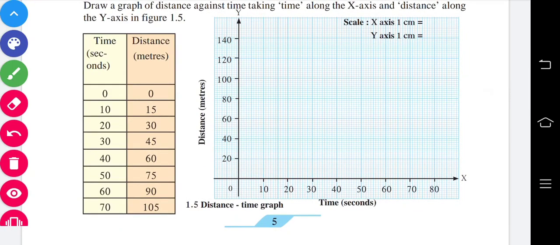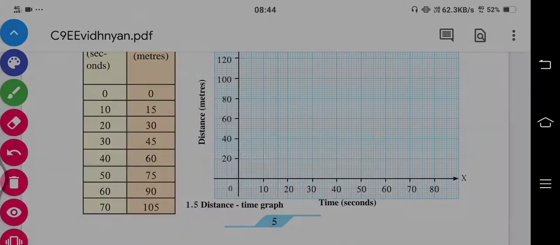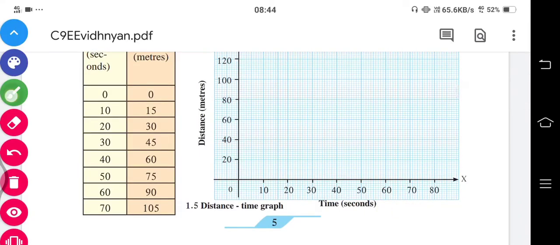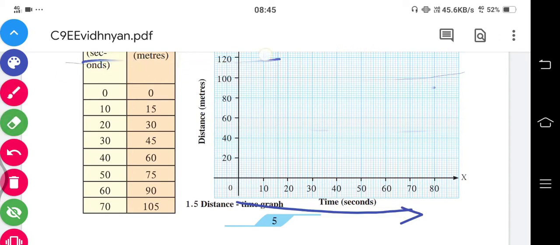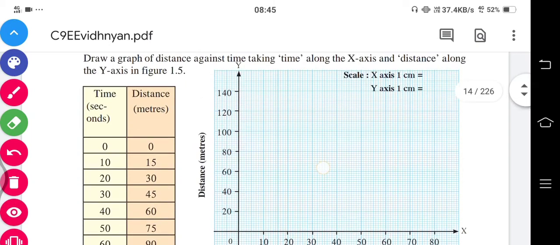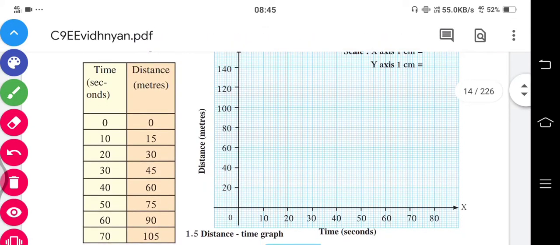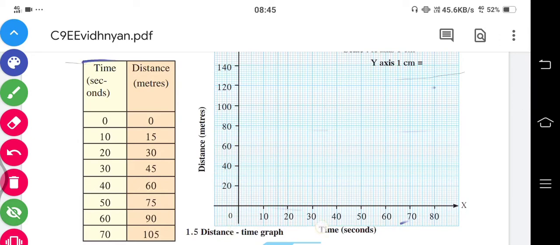First of all, here is the time given in the x direction and distance given in the y direction.